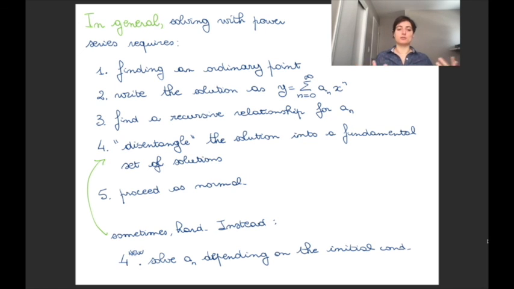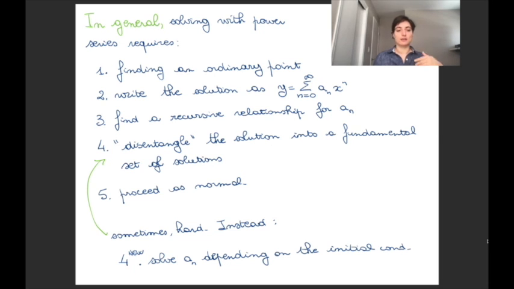Disentangling the solutions into a fundamental set of solutions is sometimes hard, if not impossible. So instead, you want to consider that the information on the initial conditions, so on y and on y prime at the initial value of t, gives you information about a0 and a1.